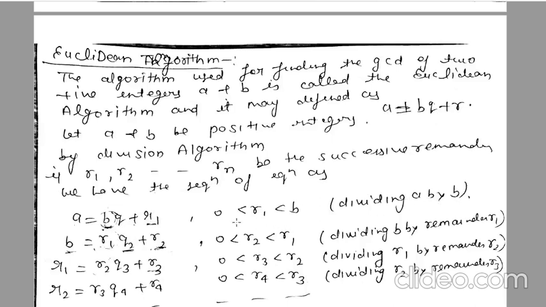Now just look here. To solve this algorithm, A is equal to BQ1 plus R1. This is your first step, right? Now we are taking B here. So you will write B is equal to R1 into Q2 plus R2.